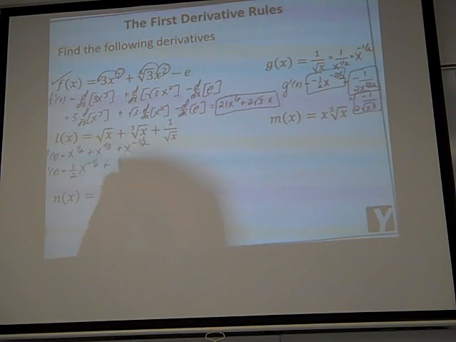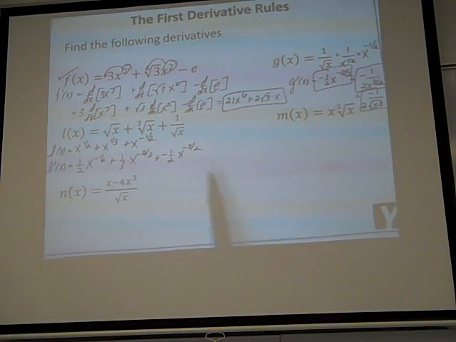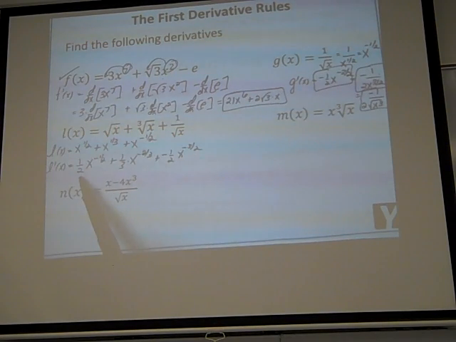Plus, bring the power down, reduce the power by 1. Plus, bring the power down, reduce the power by 1. If you did that derivative correctly, you have 1/2 x to the negative 1/2 power, plus 1/3 x to the negative 2/3 power, minus 1/2 x to the negative 3/2 power.